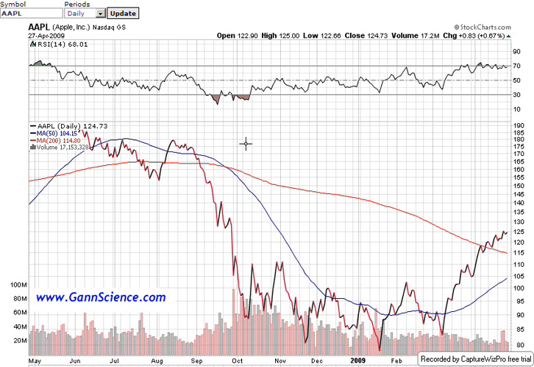And the reason why I say that was because if Apple was going to keep on its uptrend, it would have broken through 200 and proceeded to break through 205, 210, 215, all the way through. However, if Apple was not going to break through that 200 barrier, it would have crashed down. That's exactly what it did.